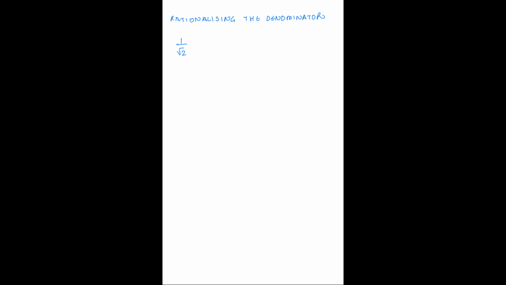I'm sure you know how to do this. So what do we do? We simply multiply that irrational denominator up and down both, that is, multiply by root 2 upon root 2. Whatever irrational denominator you have, you multiply it in the numerator and denominator as well. We call this rationalizing the denominator.